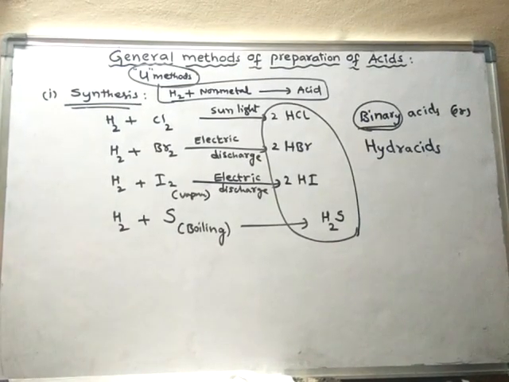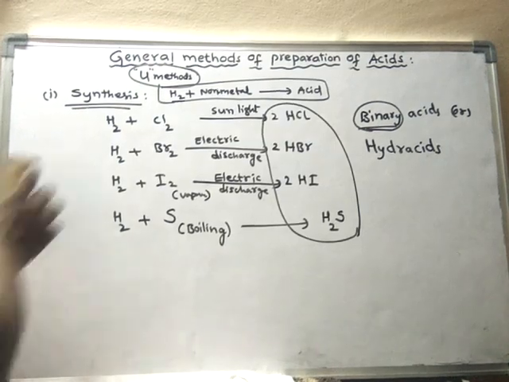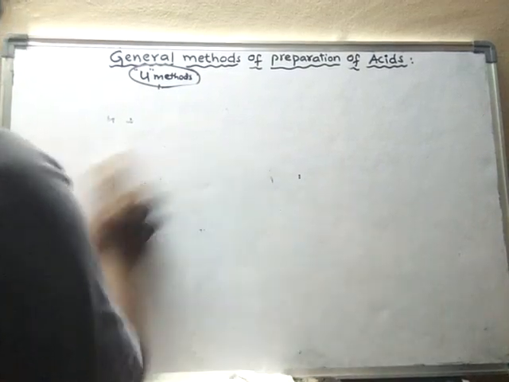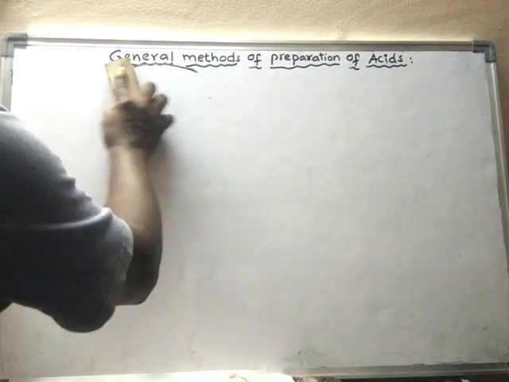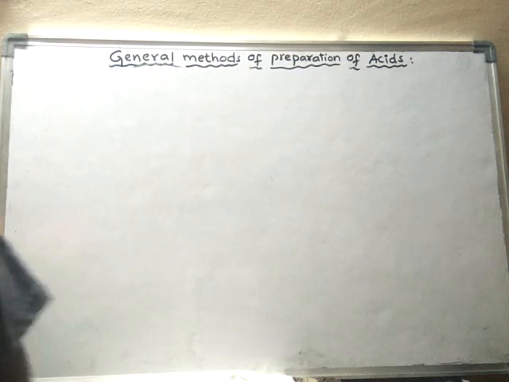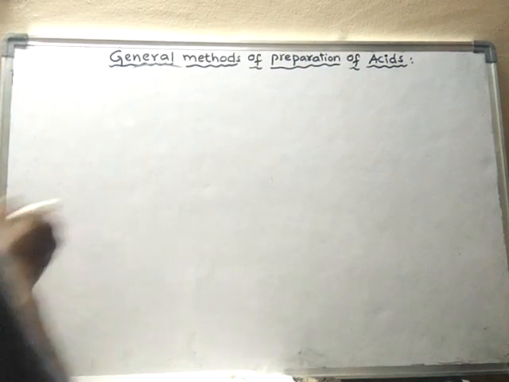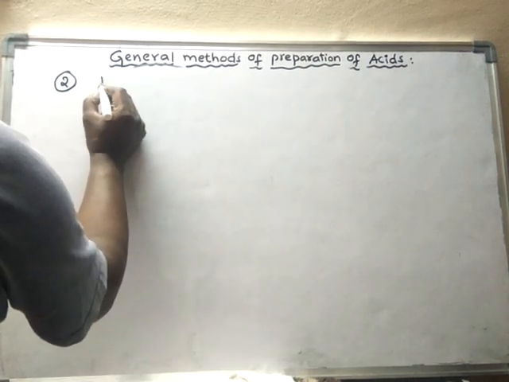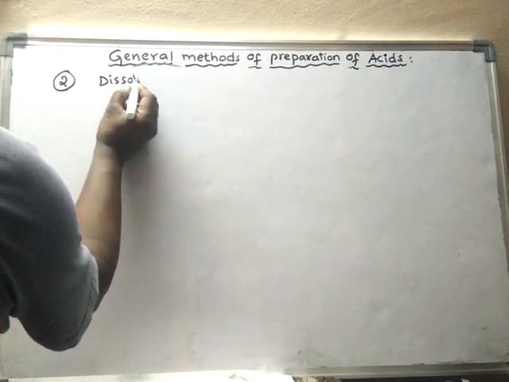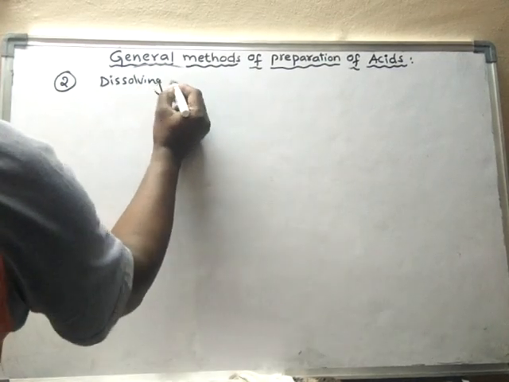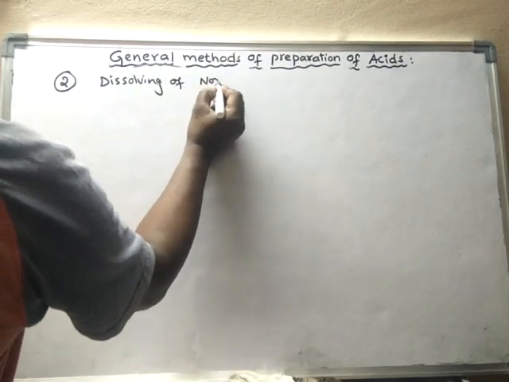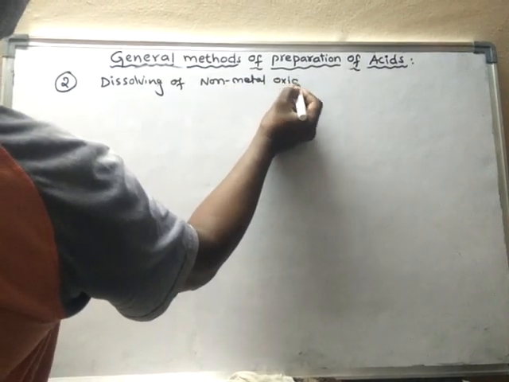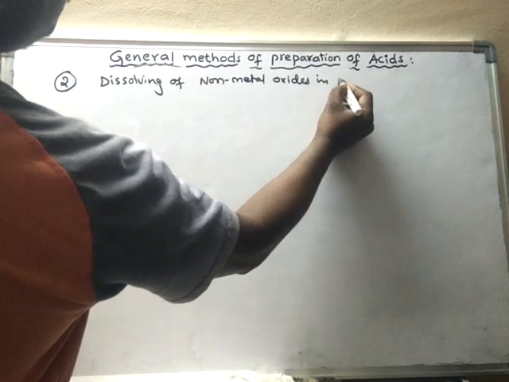Now we learn the second method of preparation of acids: dissolving non-metal oxides in water.